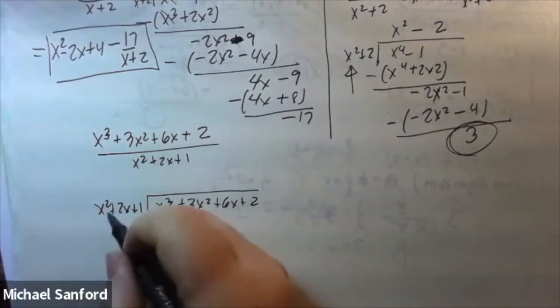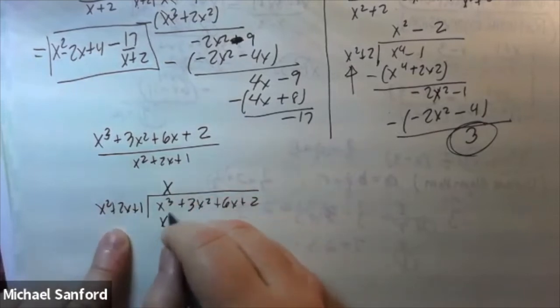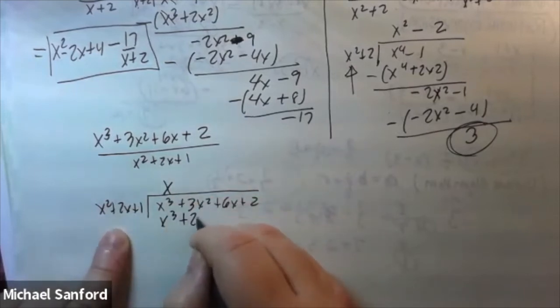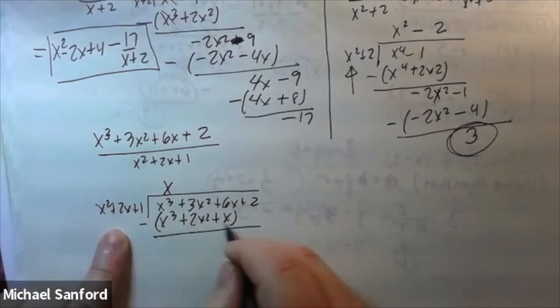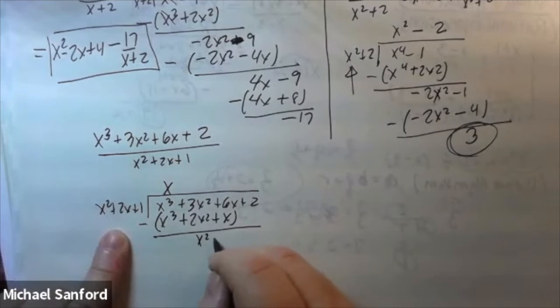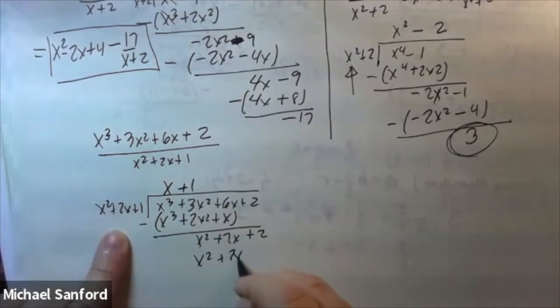So now what do I multiply x by to get x cubed? An x. So that'd give me x cubed plus 2x squared plus x, and I subtract. And this is giving me x squared plus 7x plus 2. What do I multiply to get an x squared? 1. So I get an x squared plus 2x plus 1, and I subtract.